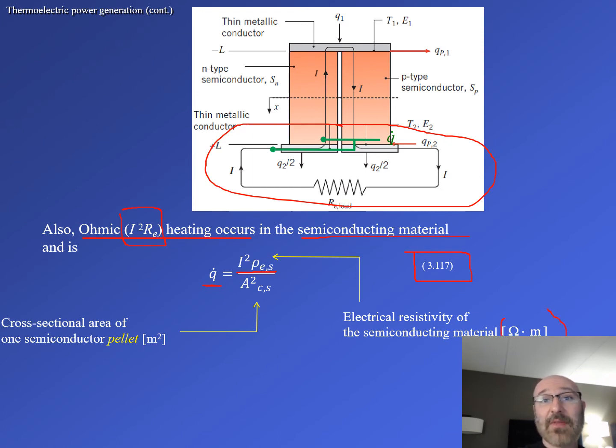And on the base we have A squared C,S, our cross-sectional area of one semiconductor pellet in units of m squared. So again, this relates back to equation 3.117 as we're talking about this ohmic heating.